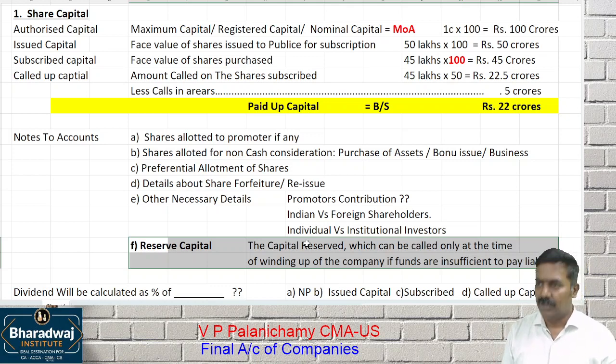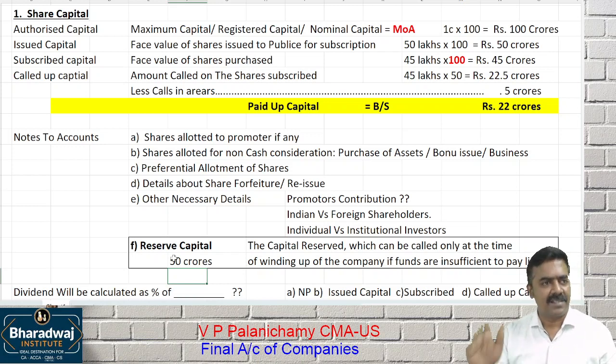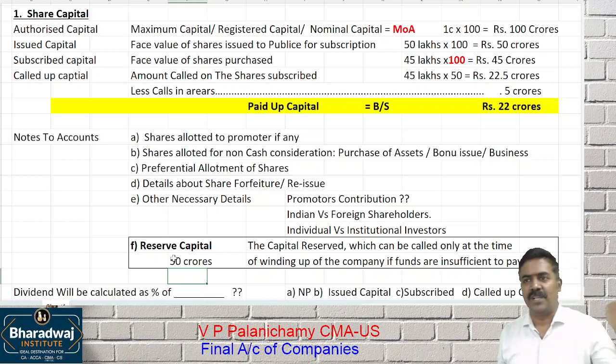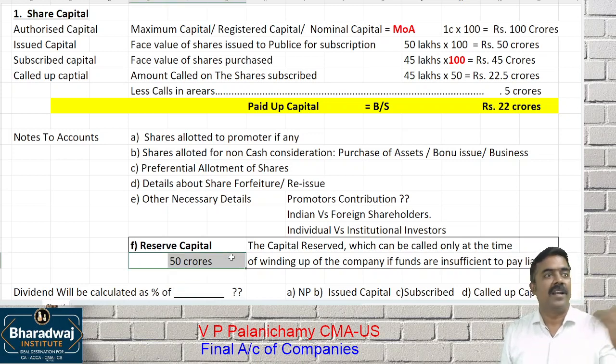Insufficient by 250 crores. At this time, suppose reserve capital of 50 crores is available, what will you do? Collect the 50 crores and pay. Still there is a shortage, that's all. Lenders have to lose money. You all gave 750 crores. Through selling assets you got 500 crores. By collecting from reserve capital you get 50 crores. And the balance 200 crores, you will lose.